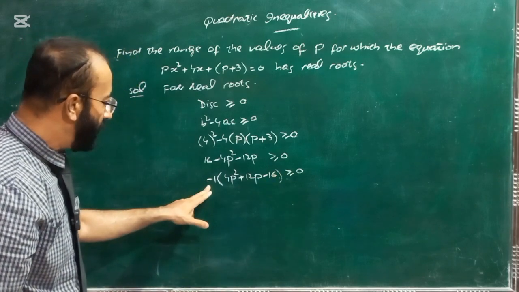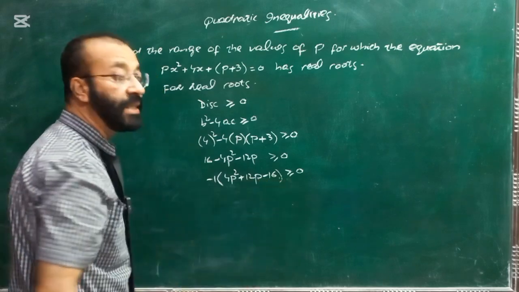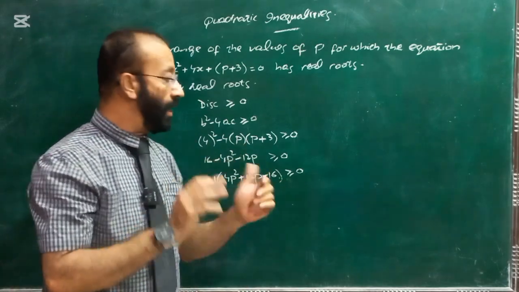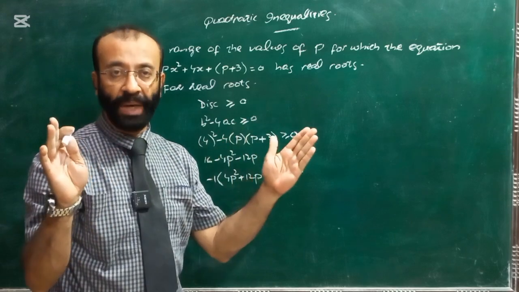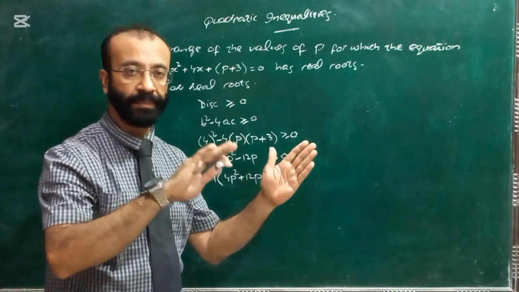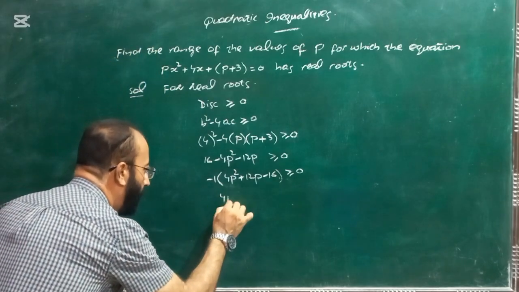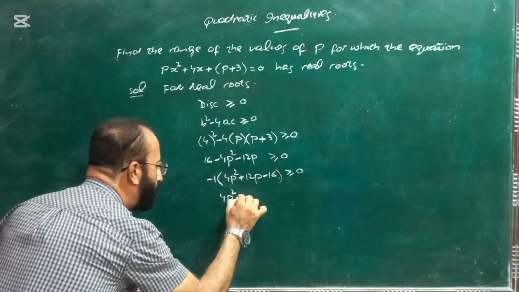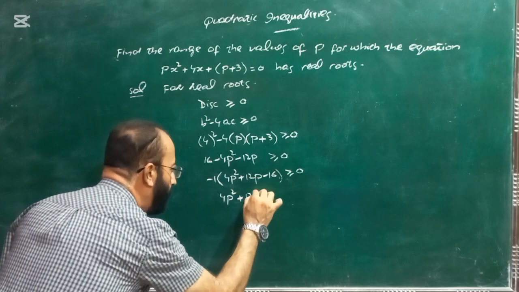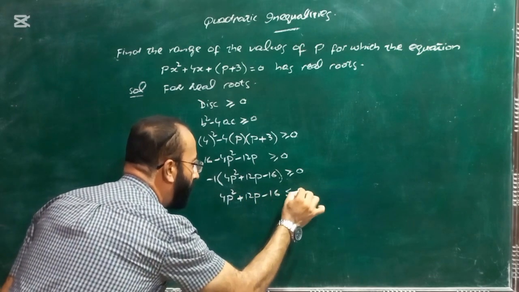But when this minus sign is shifted to the right hand side, this sign will be changed. So this is another rule in inequalities. When we multiply both sides with a minus sign, the inequality sign will be reversed. So the equation will now become 4p square plus 12p minus 16 lesser than or equal to 0.